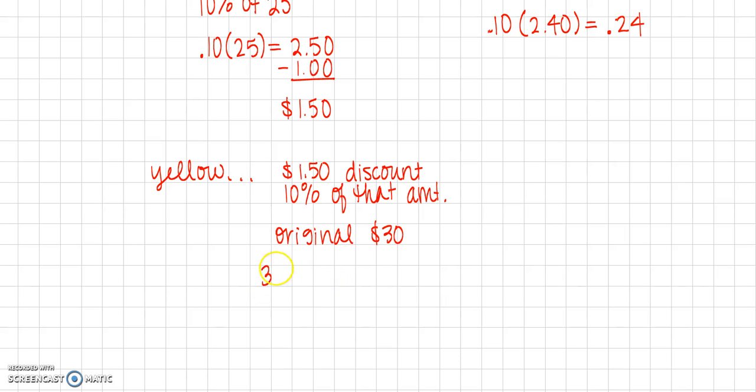So we're going to do $30 minus $1.50. That's $28.50. And then we're going to do 10% of that amount. So 0.10 times $28.50 means that this discount is $2.85. Now it says to order the signs from least amount of discount to the greatest amount of discount.